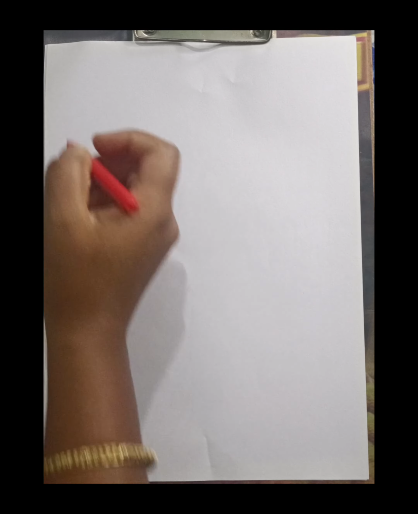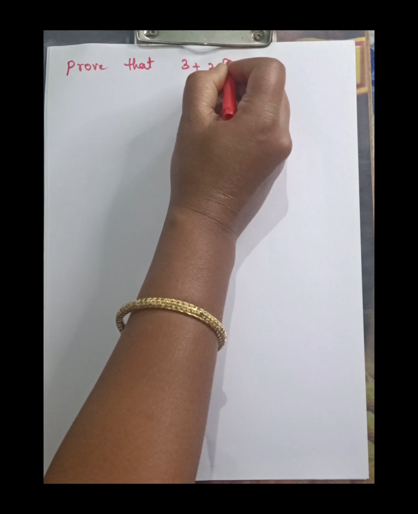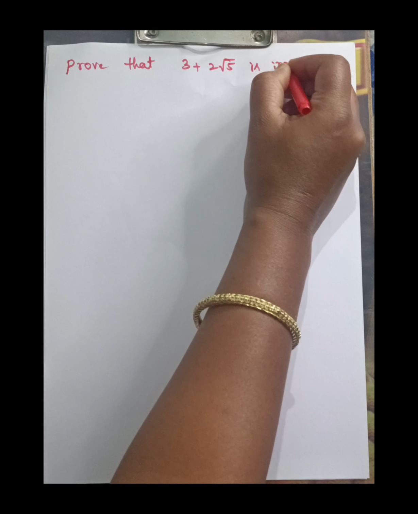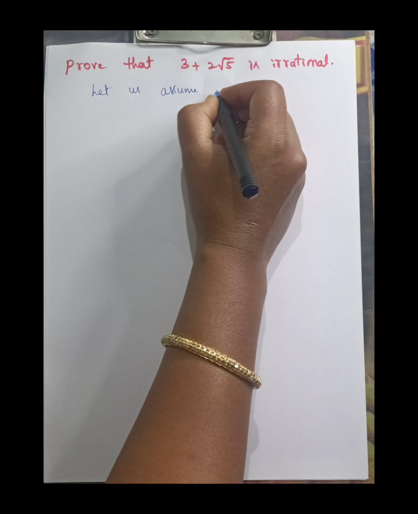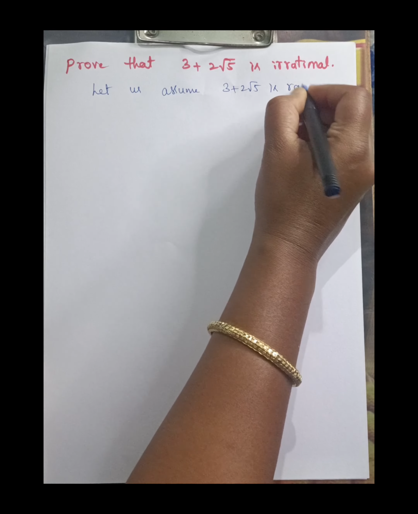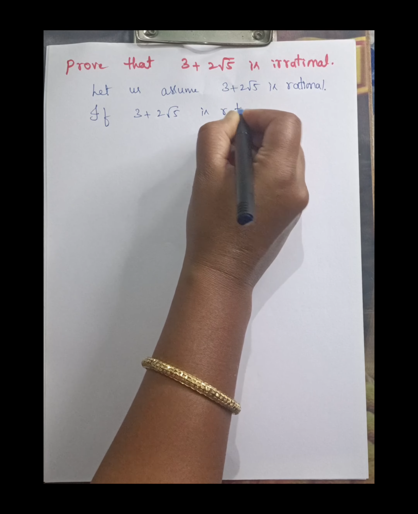Now, let us solve the second problem of this exercise, that is prove that 3 plus 2 root 5 is irrational. Let us assume that 3 plus 2 root 5 is rational.